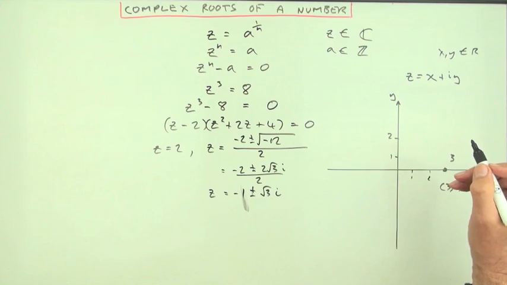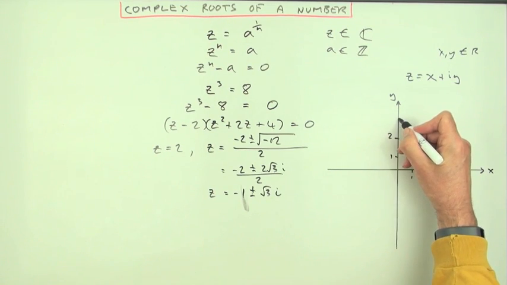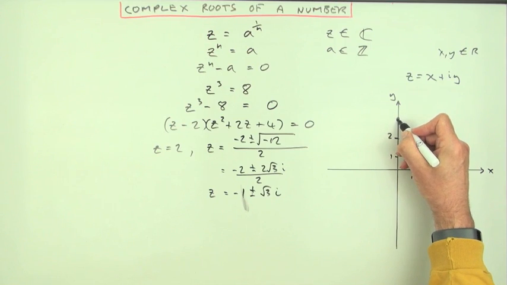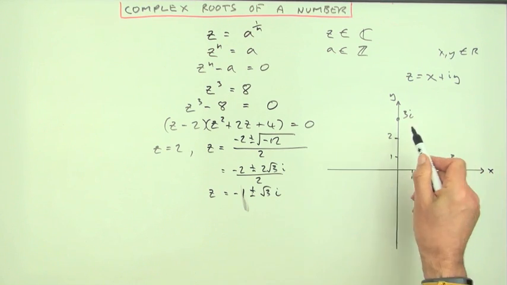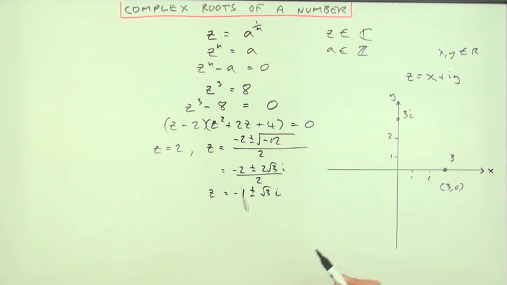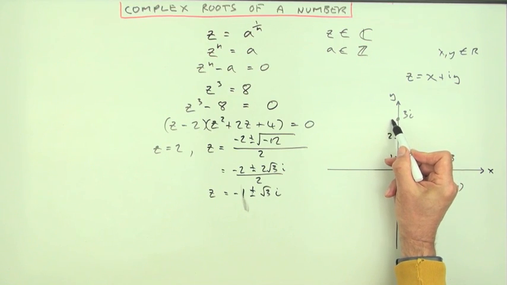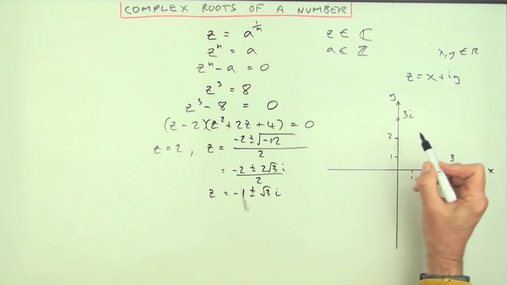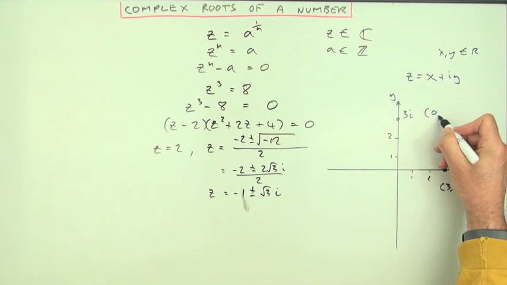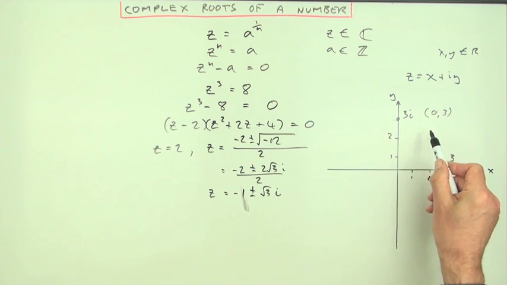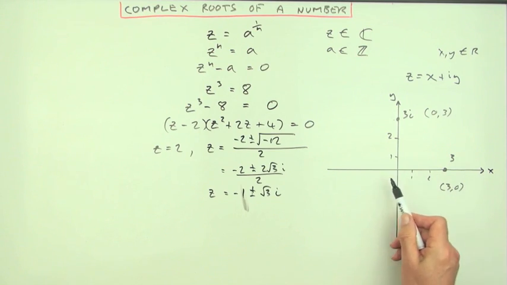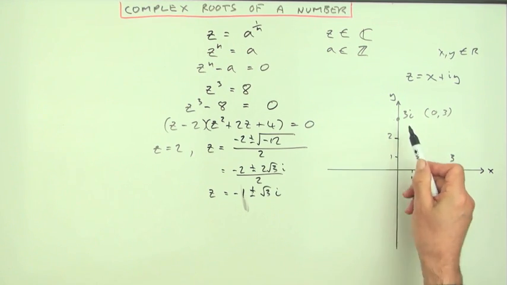But if I was to plot the complex number 3i, I could put a point there with a 3i beside it. That's perfectly correct. That's where 3i goes. It's just that on the scale there, it would only say a 3, because that's the point 0, 3. So it all depends how you want to show your complex numbers. Just plot them as points with the scales in, or don't put the scales in and just plot the actual numbers.